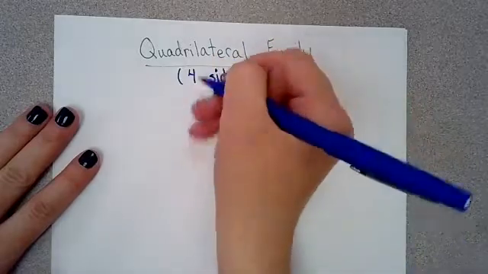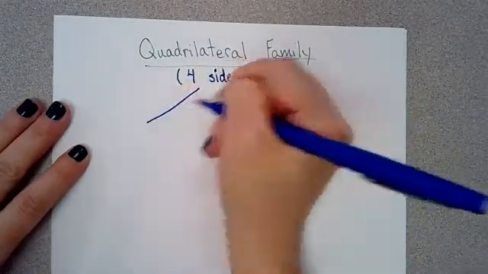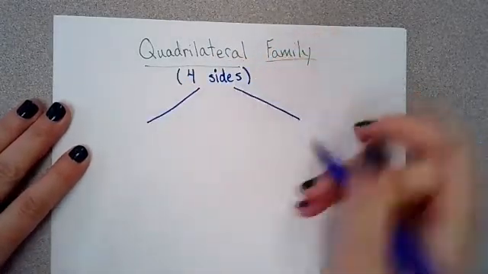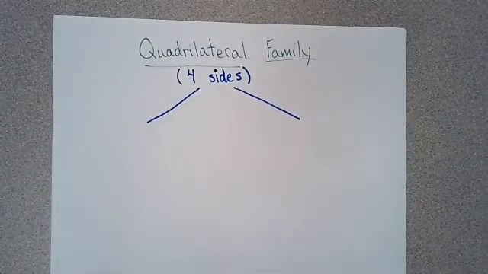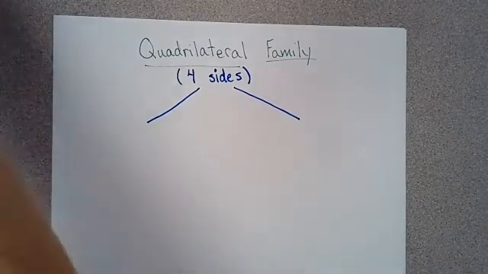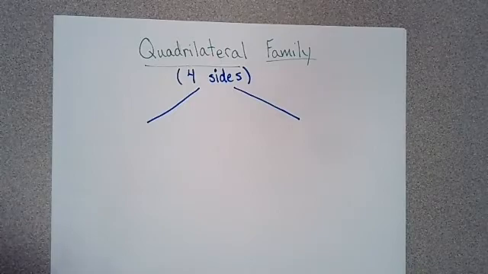There's 2 brothers in the quadrilateral family. There is a guy named Graham, and then there is another brother named Trapezoid, all right? Now, Graham's full name is Parallelogram, so let's write that down over here.